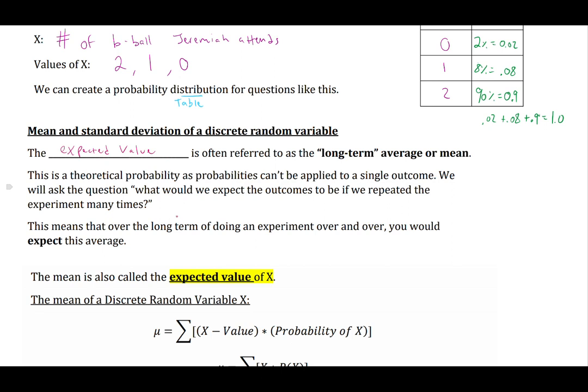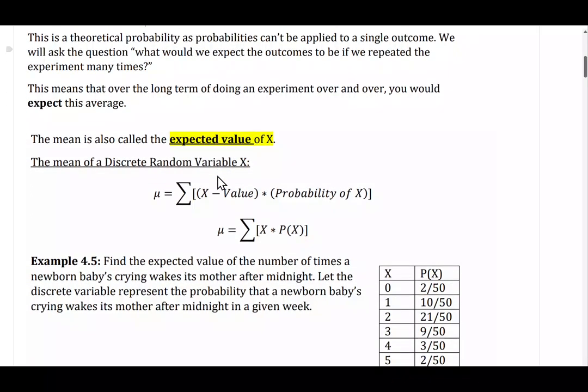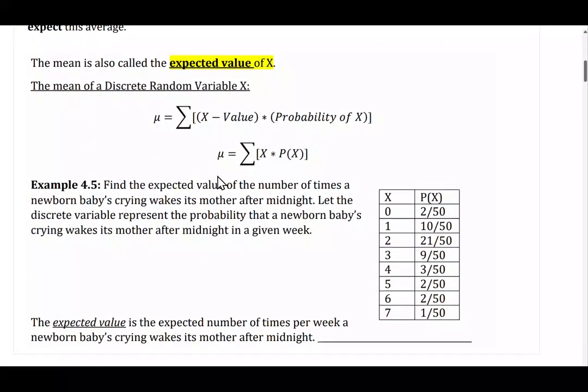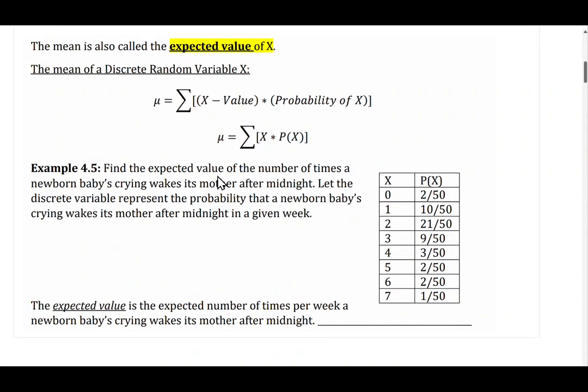This means that over the long term of doing an experiment, over and over again, you would expect to get this average. So, important concept, important phrase here. The mean is called the expected value. So that's what we want to make sure that we have in the back of our minds. Whenever we hear or see the words expected value, we always want to think of the mean.